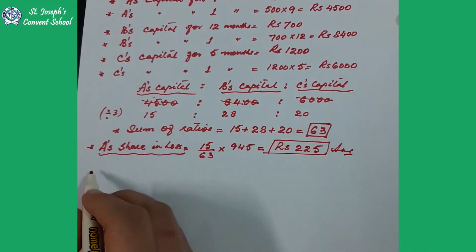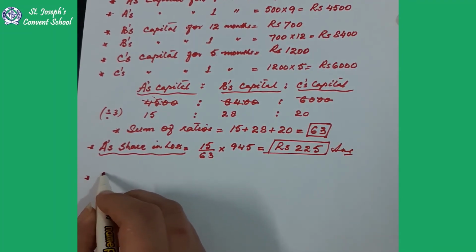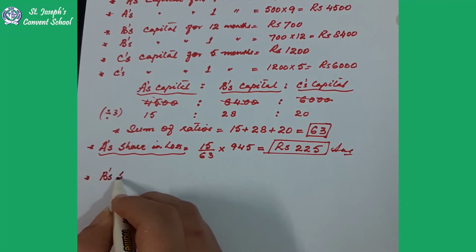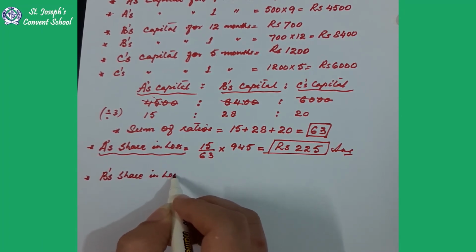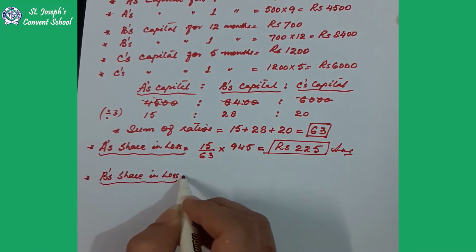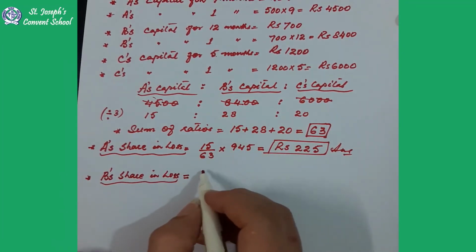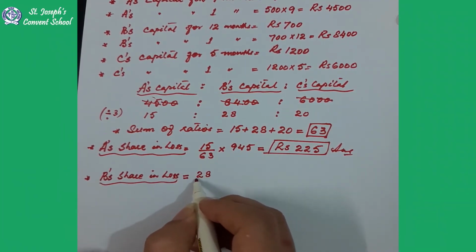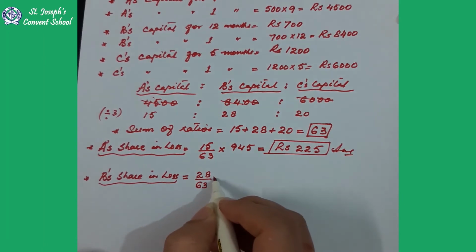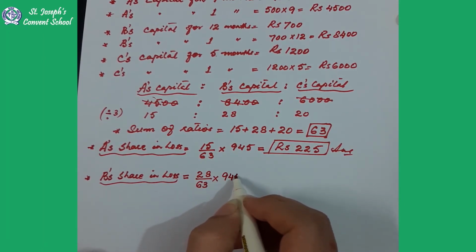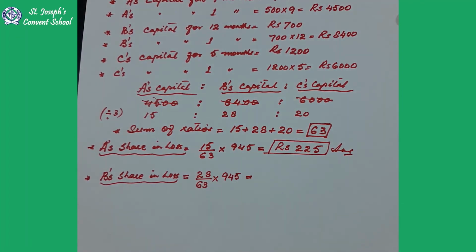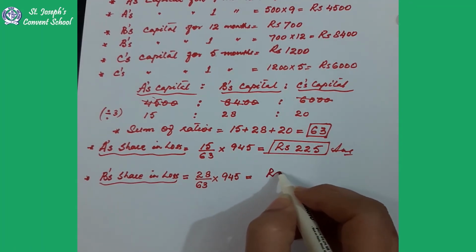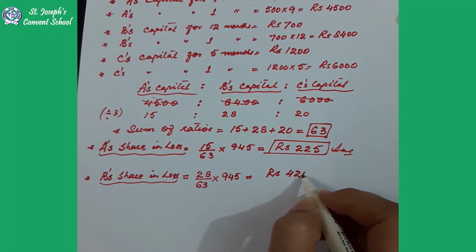Same way you can find B's share in loss. So B is 28 divided by 63 into 945. With calculator you'll solve 28 divided by 63, then multiplied by 945. So answer is rupees 420.